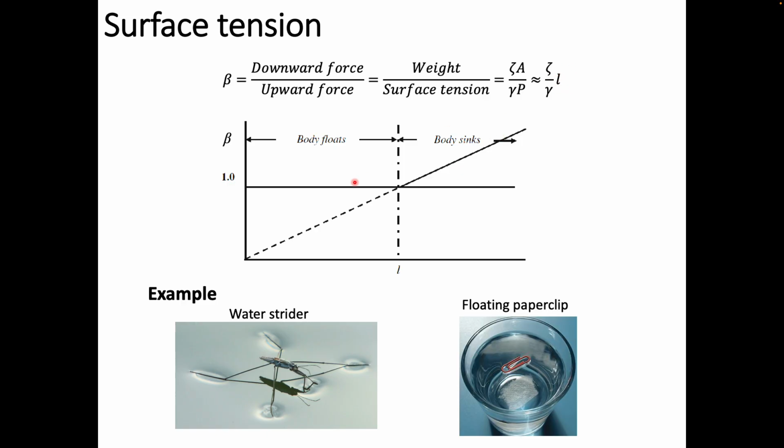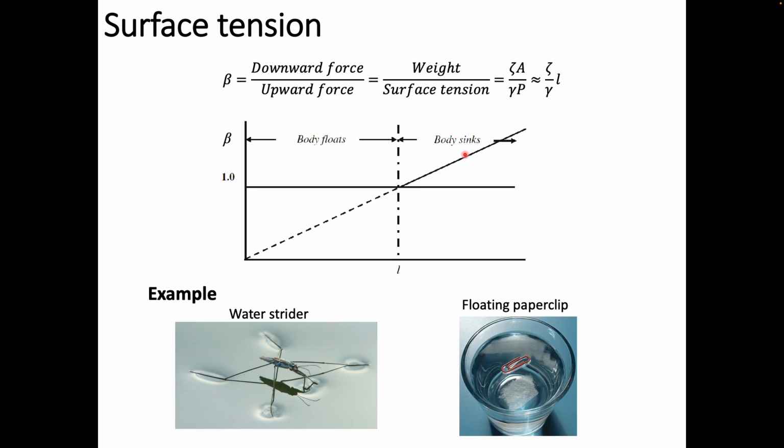So you will see there will be some point where this beta is less than 1, okay? And that is essentially this regime. And then as we scale up L, now beta is going to be above 1, right? But when beta is 1, what does that mean? That means weight, or downward force, and upward force are exactly balanced, right?